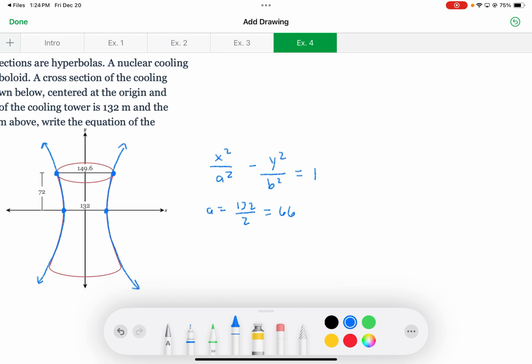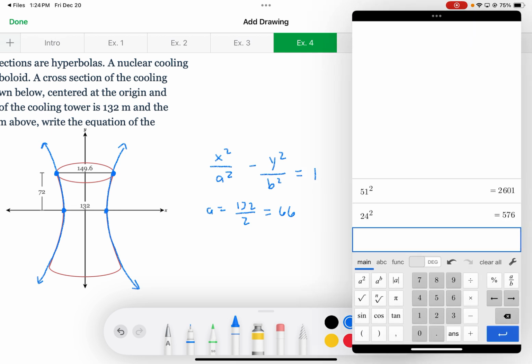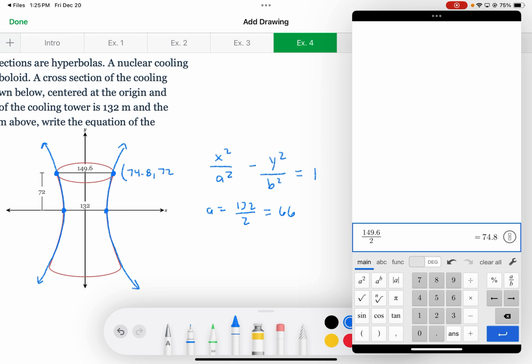So its x-coordinate would be half of that 149.6. So 74.8. And then the y-coordinate of it would be that 72.